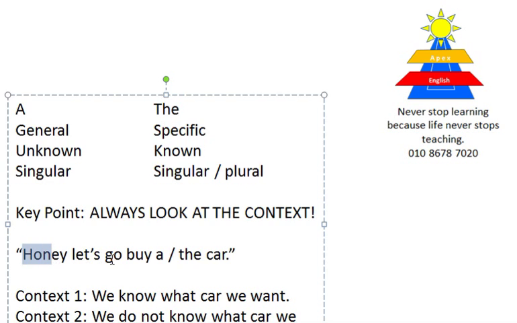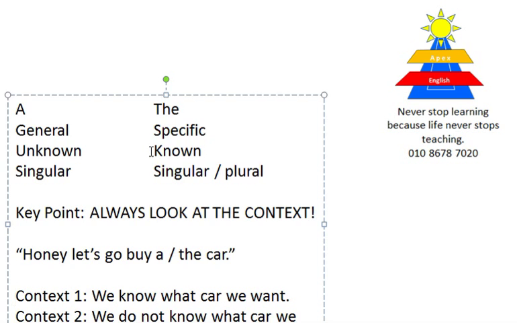Honey, let's go buy a or the car. So we'll be looking at the same sentence, but in two different contexts. So let's say in the first context that we know what car we want to buy.